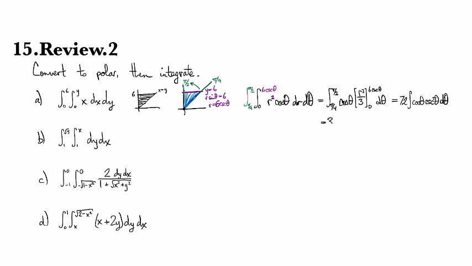So we get 36 times minus cosecant theta from pi over 4 to pi over 2. And that is just going to be equal to negative 1 minus negative root 2, which is 1. So the whole thing just evaluates to 36.